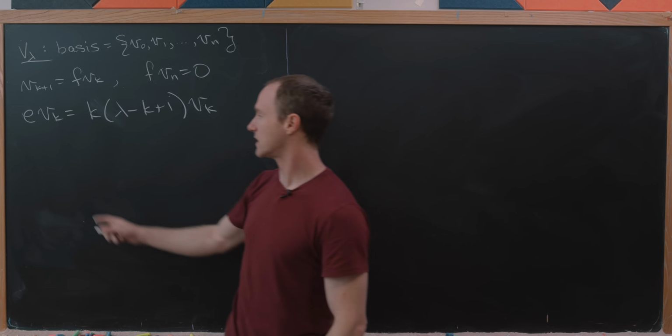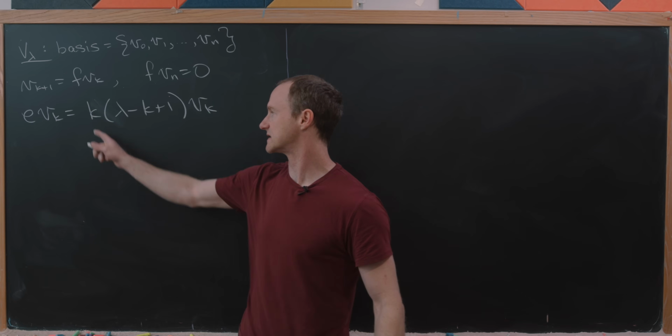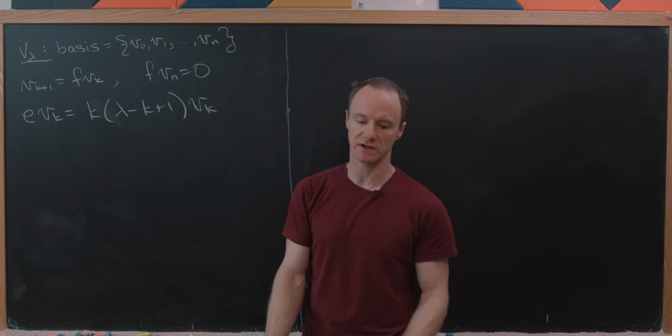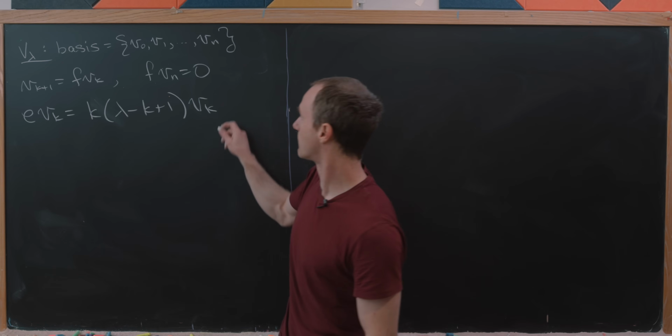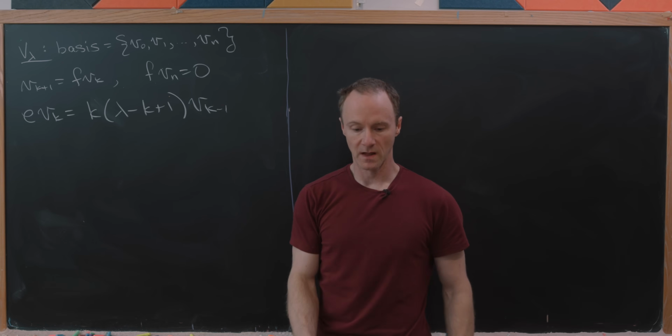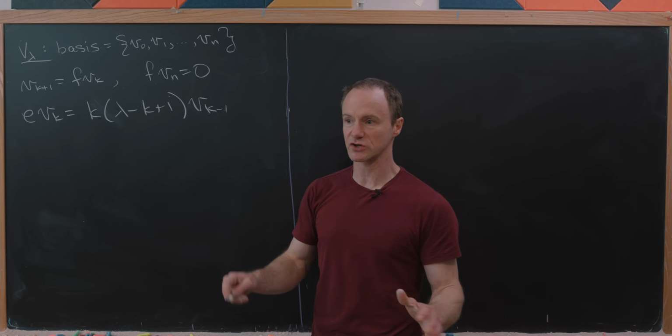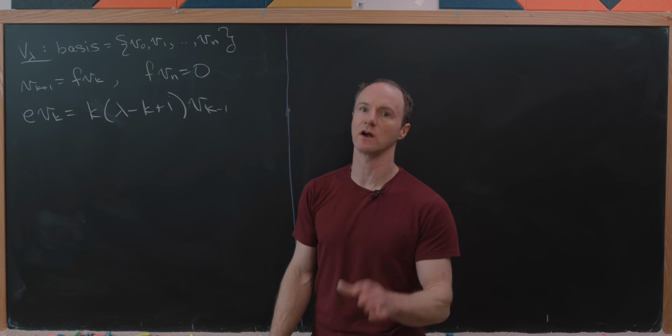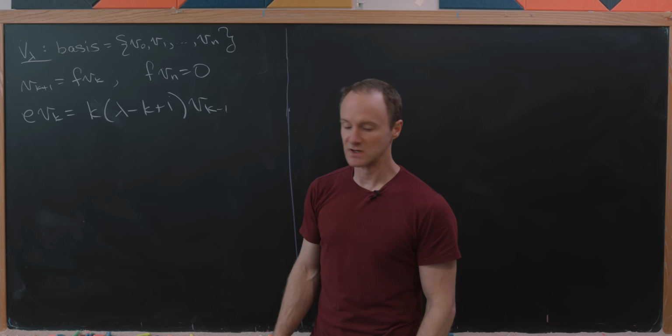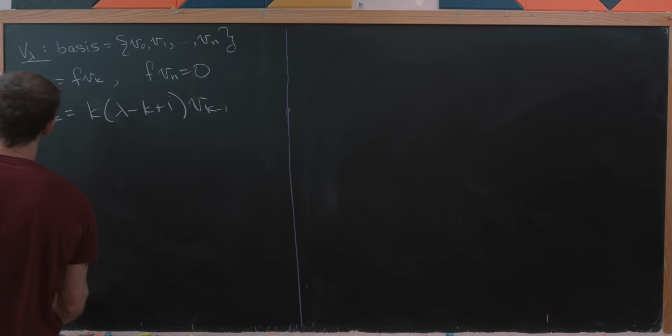And then finally, we had this e applied to vk as k times lambda minus k plus 1 times v(k-1). Okay, good. But now I said that we could get some restrictions on what lambda has to be. So let's see how we can do that.